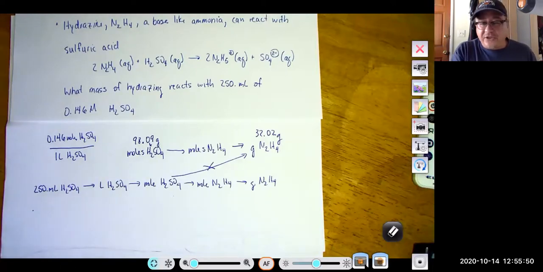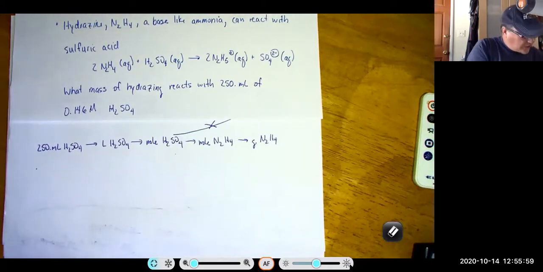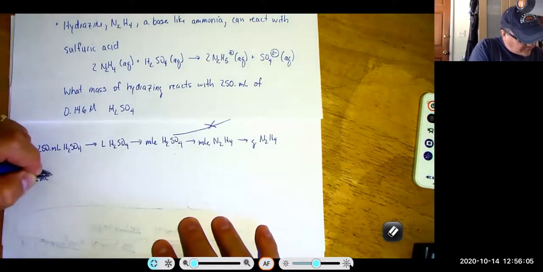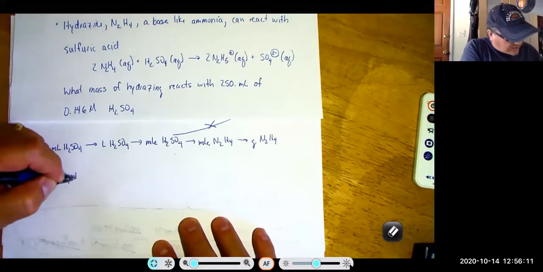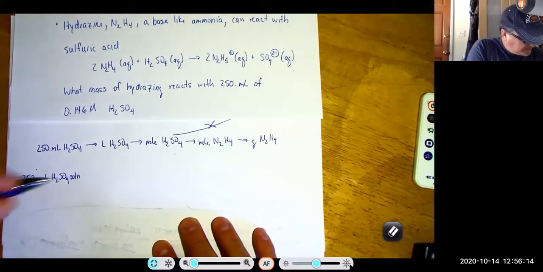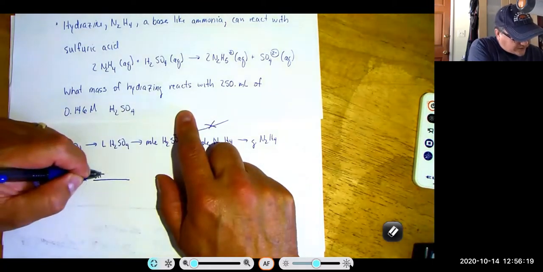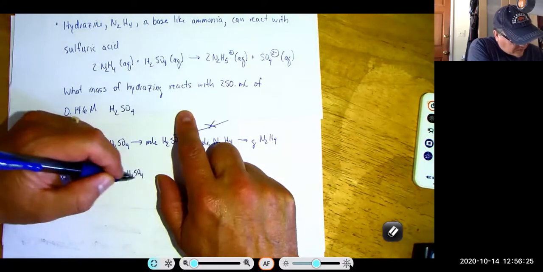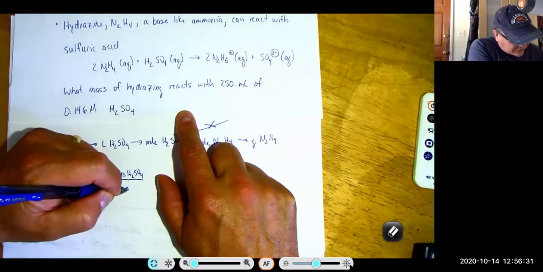So let's take a look at the solution as I would write it out. And I'm going to try to write it a little more neatly than I've been writing in the past. So we'd have 250 milliliters of sulfuric acid. And I'm going to go the whole 9 yards and write the word solution here. 0.146 moles of sulfuric acid per 1 liter of sulfuric acid solution.